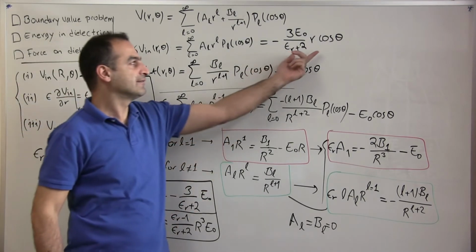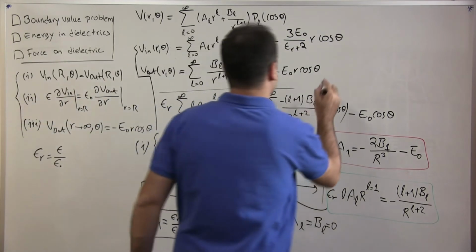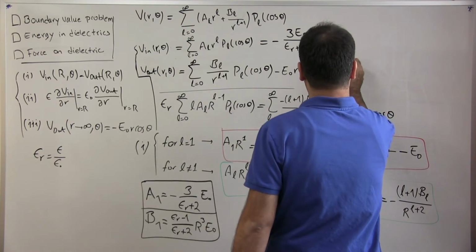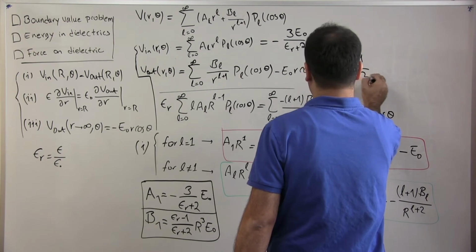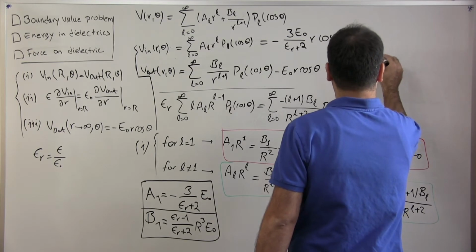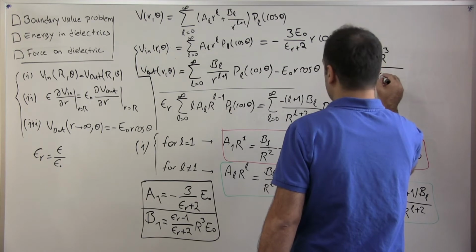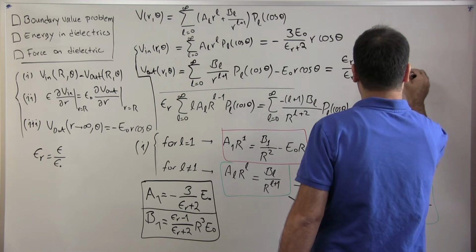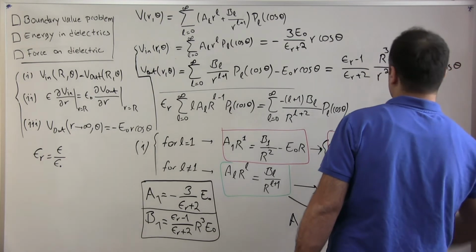Here we only have one term; we don't have the summation anymore. And the potential outside is this B1, which is epsilon r minus 1 over epsilon r plus 2, times R cubed divided by R squared, times E naught, minus E naught r cosine theta.